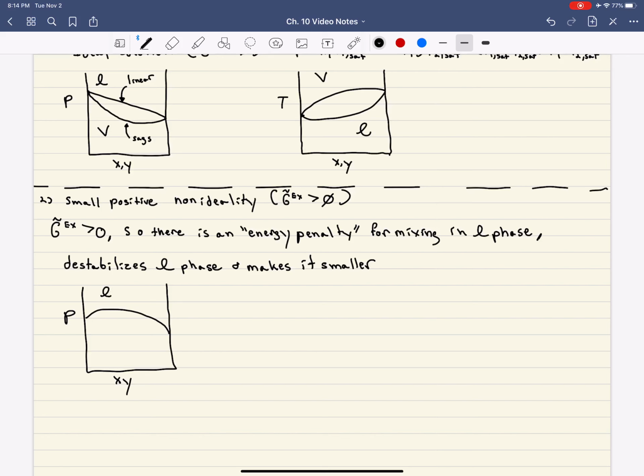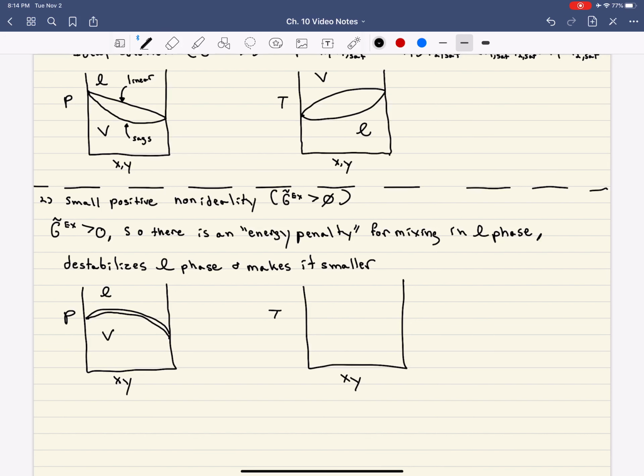And so now you can see that there's less of a region in which we have the pure liquid. At the same time, it becomes more favorable for the mixture to be in the vapor phase. And so our vapor window starts to increase. So the liquid region gets smaller and the vapor region gets bigger. And that's also reflected in the TXY diagram as well.